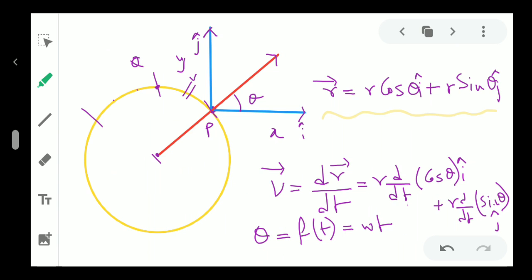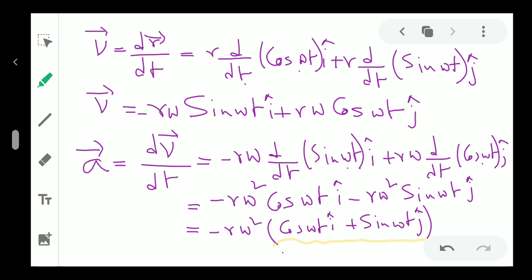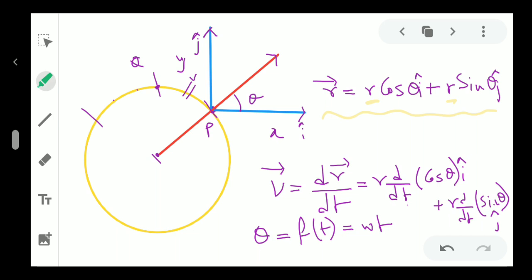But one thing you can see here is that there is r here, but there is no r in cos omega t i cap and sin omega t j cap. Now if I take r common, I will have cos theta i cap plus sin theta j cap, right?